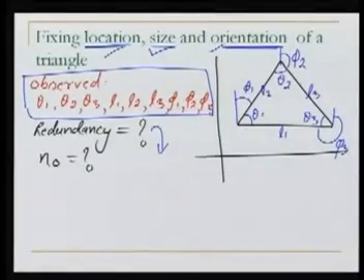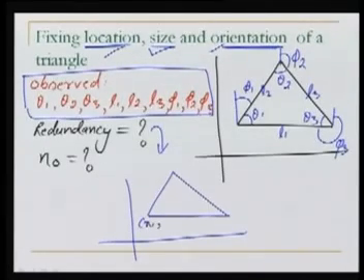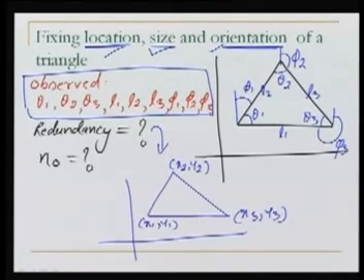Because we need to fix the location, size, and orientation, if I somehow can observe the coordinates x1, y1, x2, y2, x3, y3, let us say somehow we have observed these coordinates, the size of the triangle is fixed, the orientation of the triangle is fixed, and the location of the triangle is also fixed.